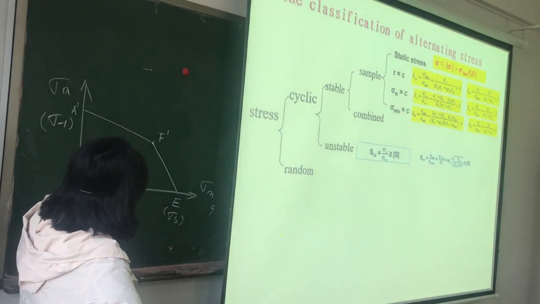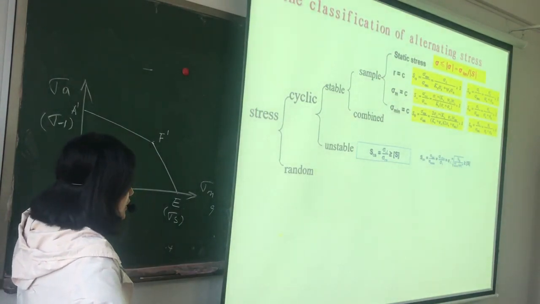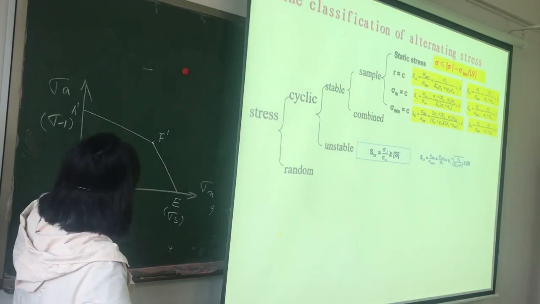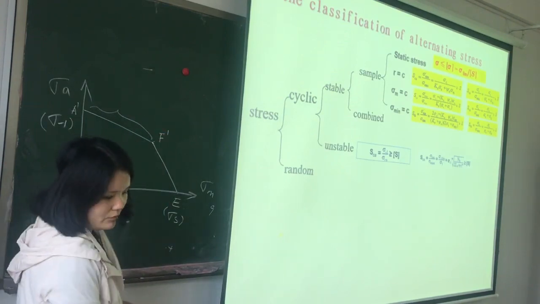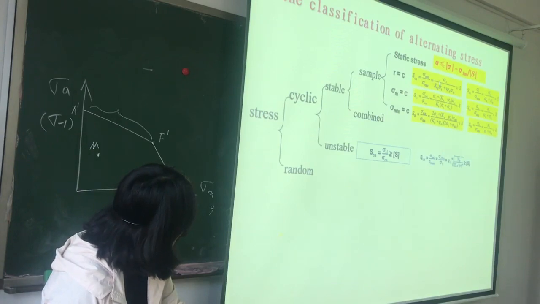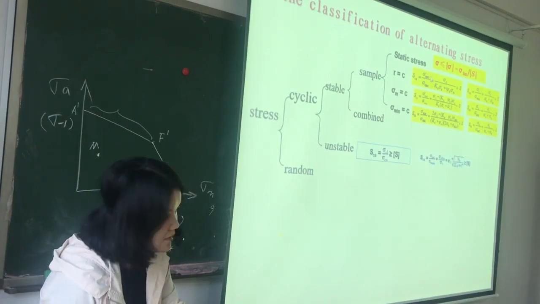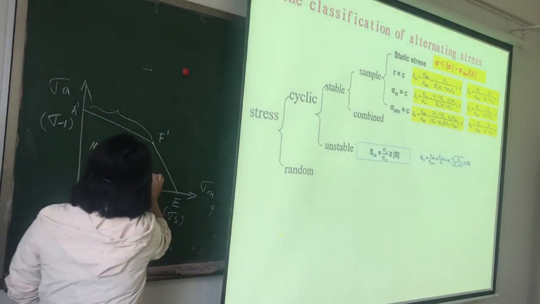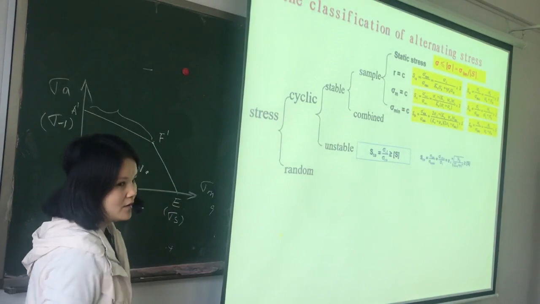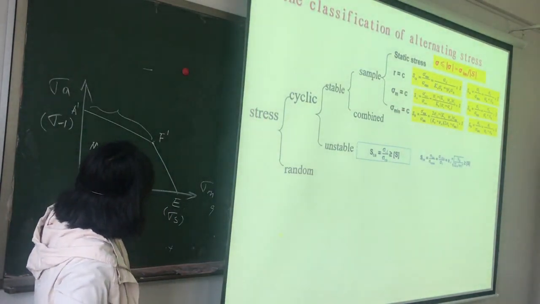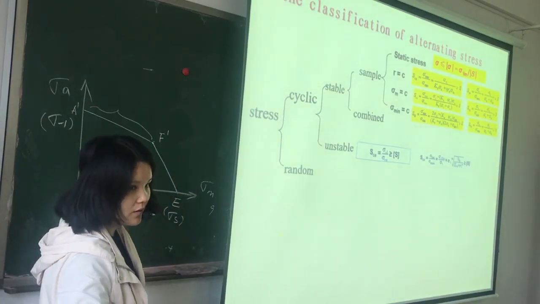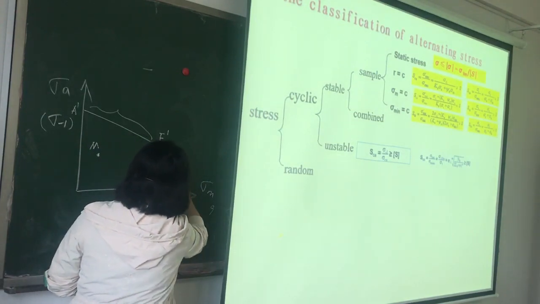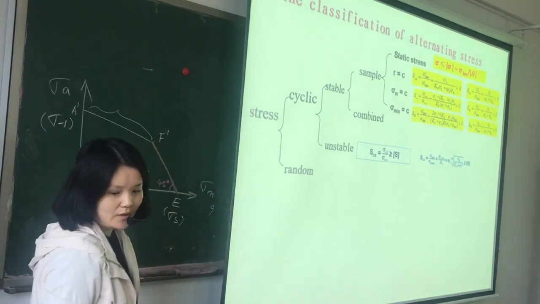If the stress limit or endurance limit is on the line A1, F1, and for R is constant, we use this equation to calculate the safety factor. And for point N, the endurance limit is on line F1E. On this line, the angle is 45 degrees.